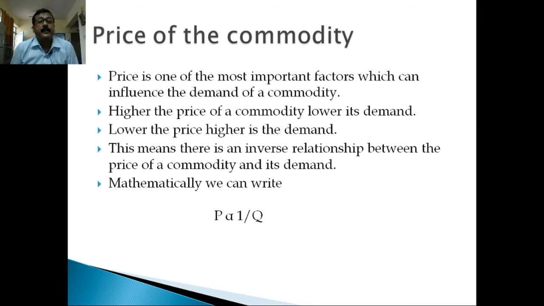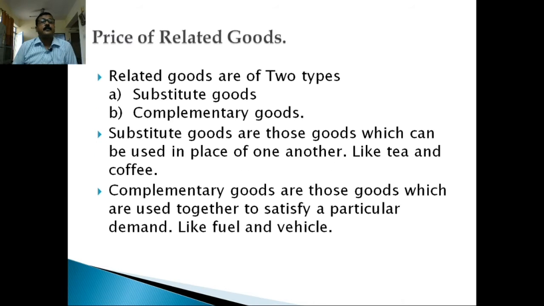So we can say that there is an inverse relationship between the price of a commodity and its demand. That means price and quantity demanded move in different directions. If the price increases, quantity demanded decreases, and if price decreases, the quantity demanded will increase.